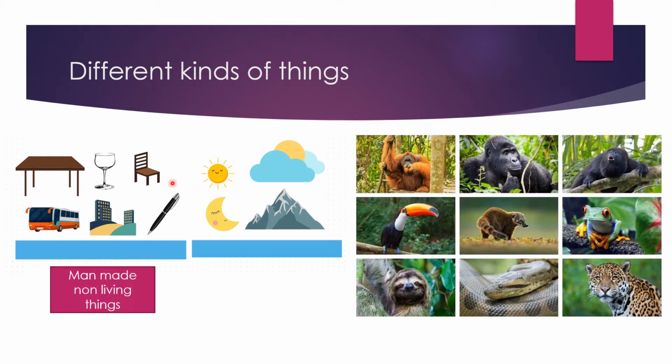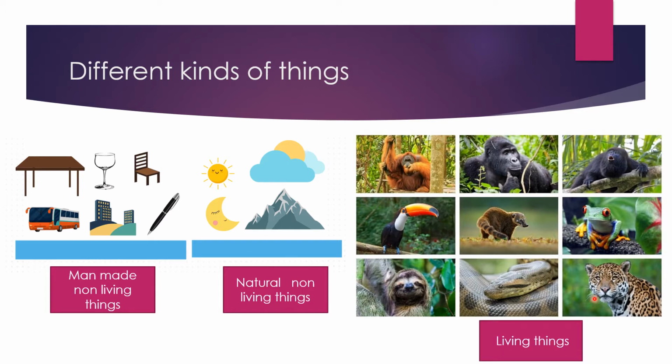So this one is the man-made non-living things. And the next one is the natural non-living things. That means they are created by nature, not by human beings. But as they have no life, they are non-living. And all the animals are the living things.